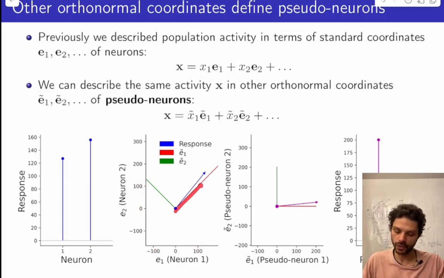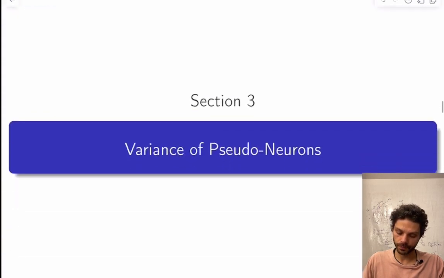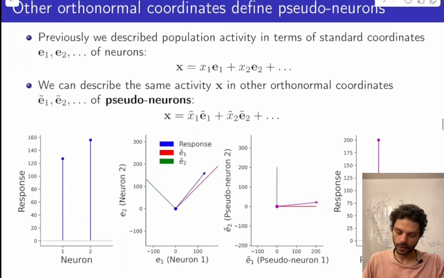We can define a new pseudoneuron that is a combination of E1 and E2. And then another one, E2, which is perpendicular to that one, so it corresponds to some decreasing activity for neuron 1 and increasing activity for neuron 2.